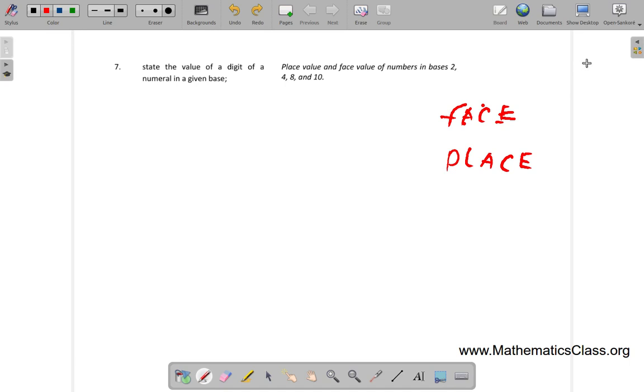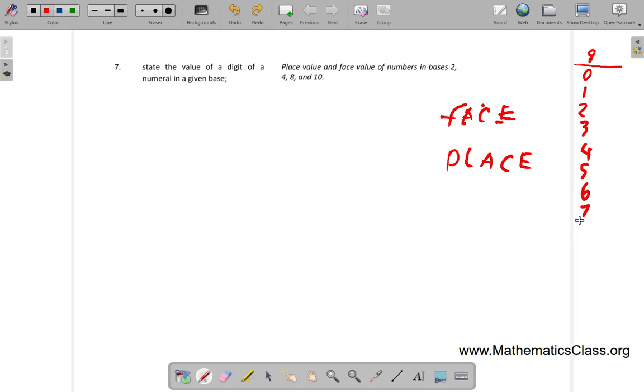Now, let's look at an example of counting up in base 8 where we pass 8. Base 8. Let's count 0, 1, 2, 3, 4, 5, 6, 7. What happens next? Is it 8? No, can't be.